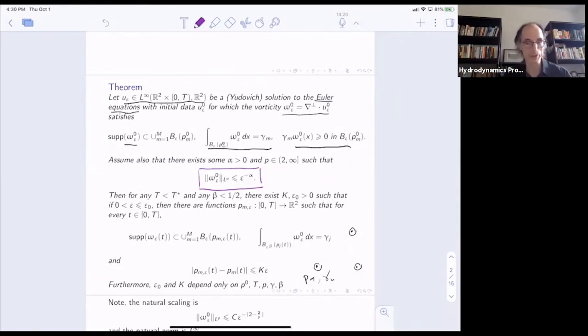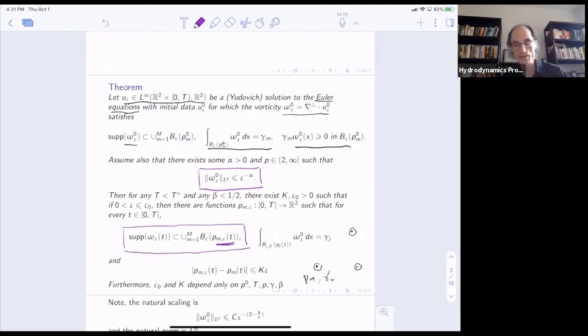If T star is infinite, if there are never any collisions, then I can have any finite T. For any time until there's a collision, and for any beta less than half, there's an epsilon naught such that if epsilon is less than epsilon naught, then there exist these trajectories.